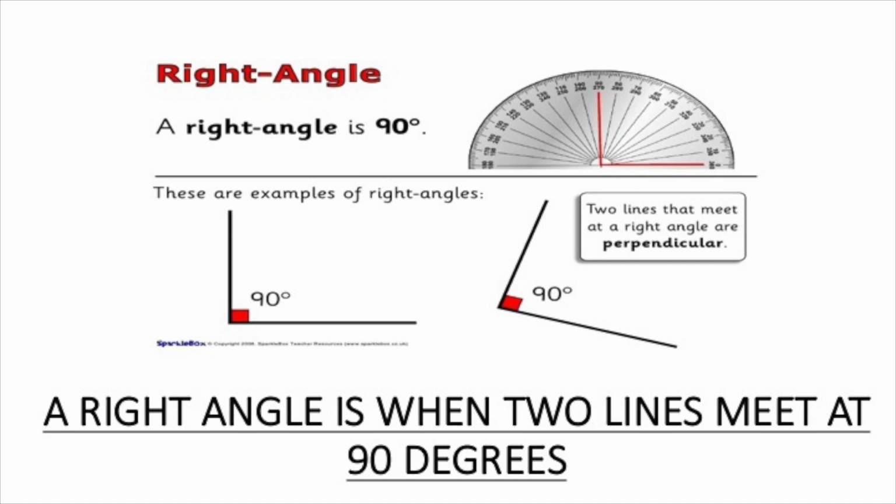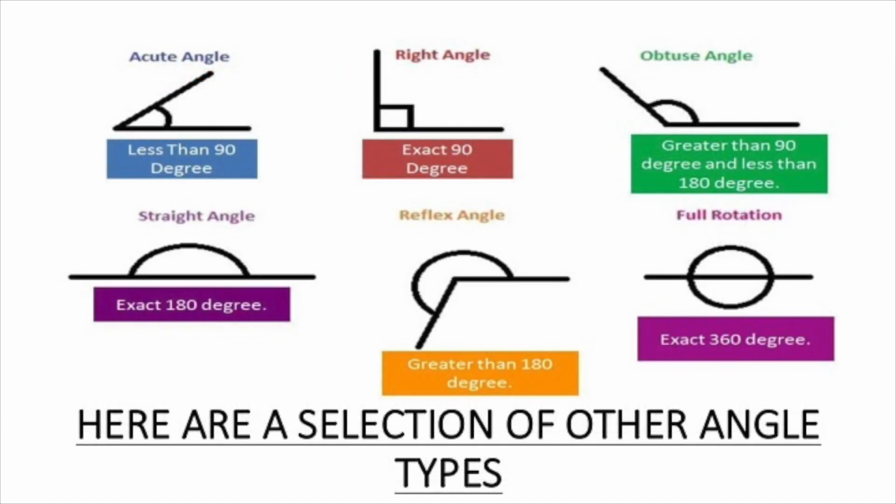So now, let's take a look at some different types of angles. Acute angle, less than 90 degrees.